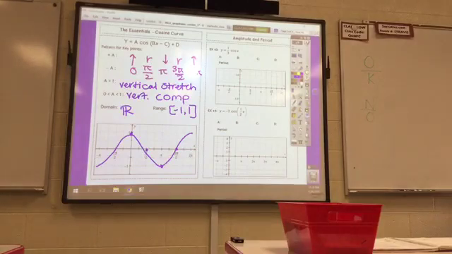What are you trying to figure out? When you do period, it's 2 pi over b. There's my problem. B is 1, and so the period is still 2 pi.